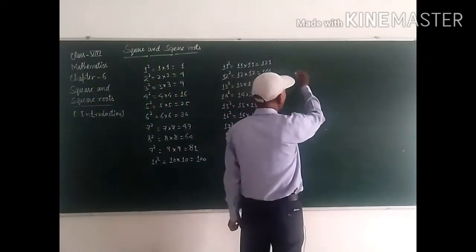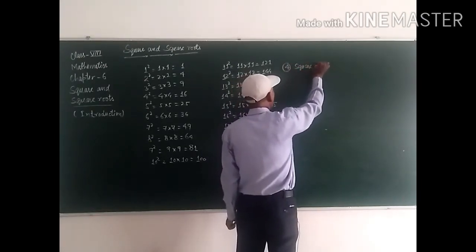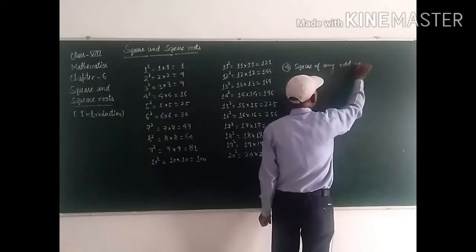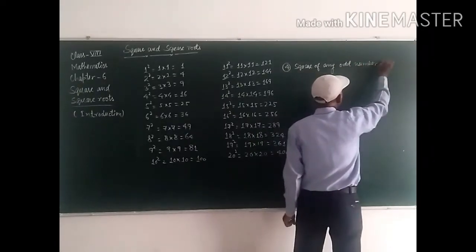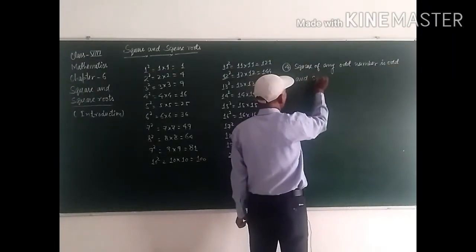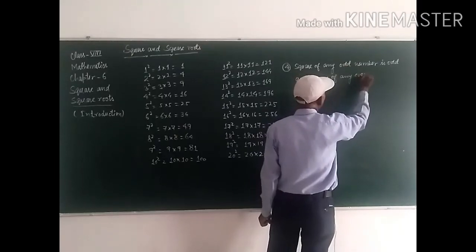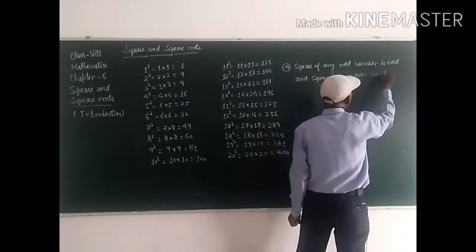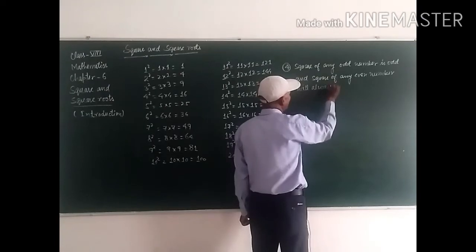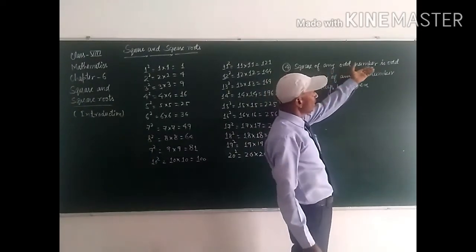So this one is again a property, student, and that is the fourth property: square of any odd number is odd, and square of any even number will always be even. Clear, student? Square of any odd number will be odd.